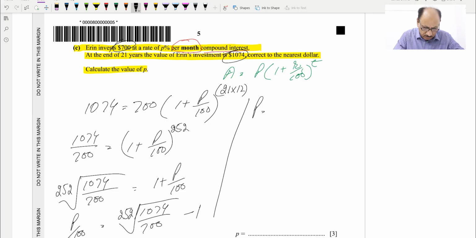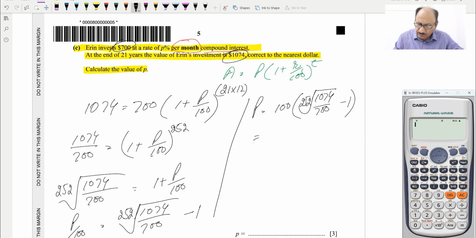So P will be equal to 100 into the 252nd root of 1074 over 700, minus 1, bracket close, and let us check with the help of the calculator what we get as the value of P.